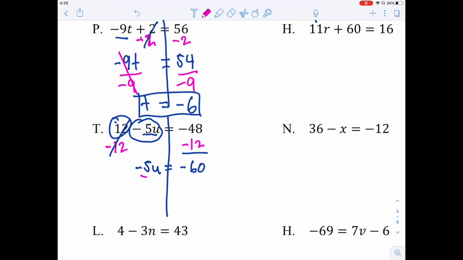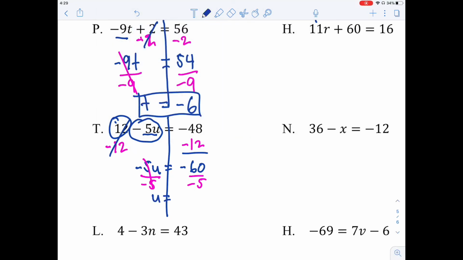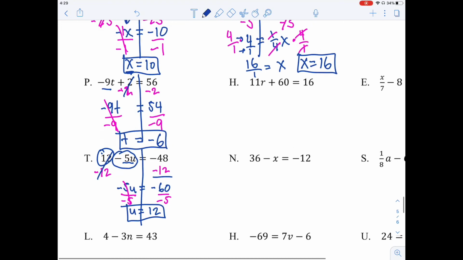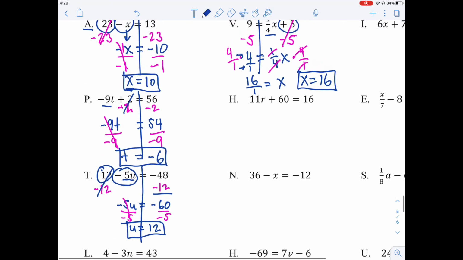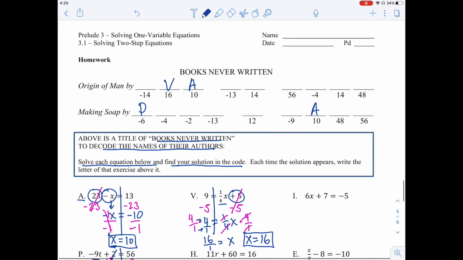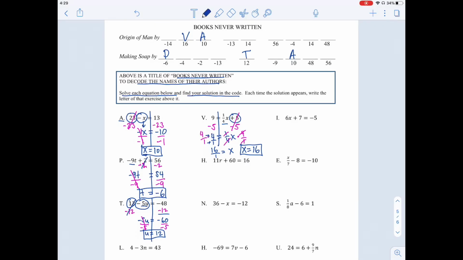Then whatever's in front of our variable, right, our coefficient, we divide by it. Negative 5, both sides. And we get u is equal to 12. Okay, so u is 12, and that's letter T.